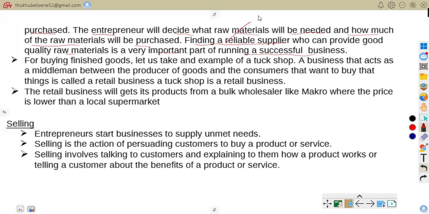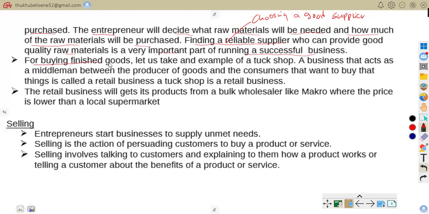Entrepreneurs need reliable suppliers who provide quality goods at reasonable prices. For example, a clothing manufacturer buys fabric from a trusted supplier who delivers on time. That's what we want.